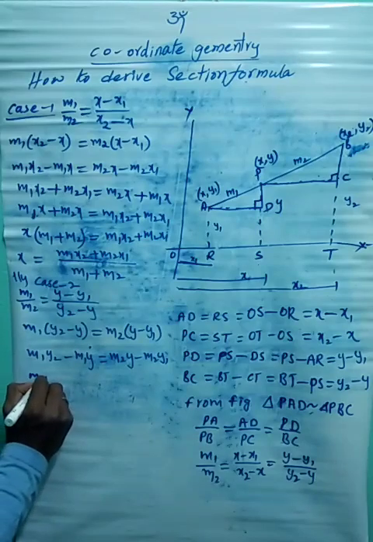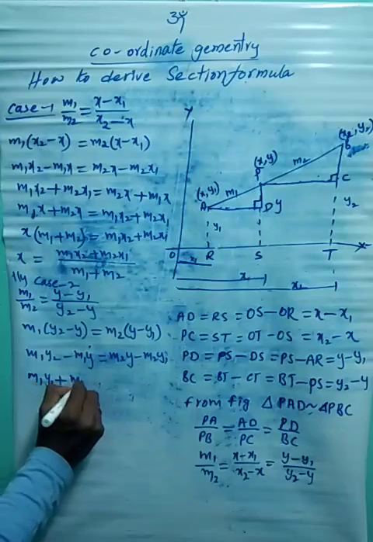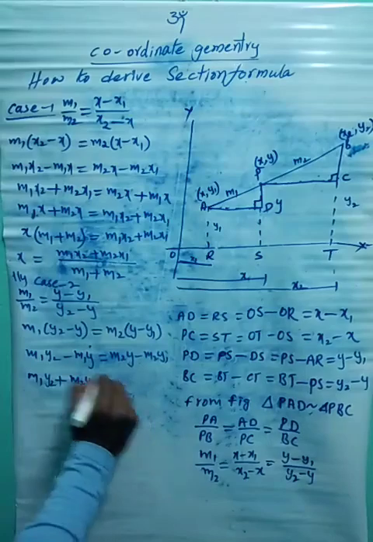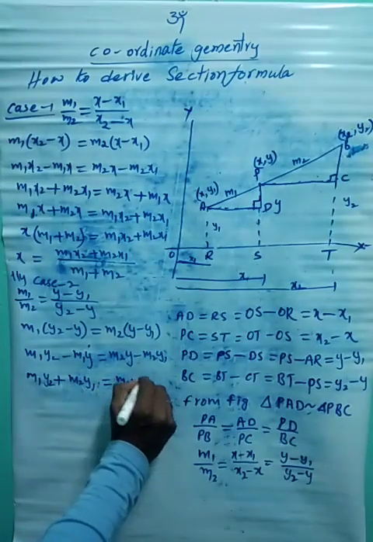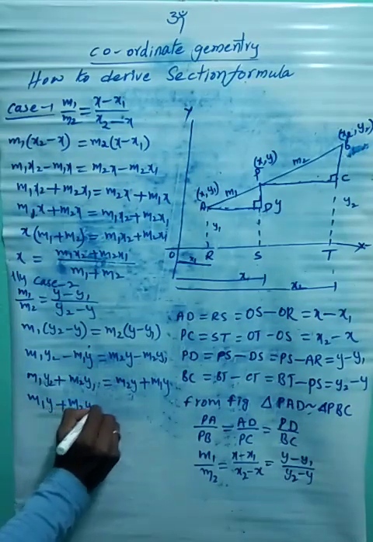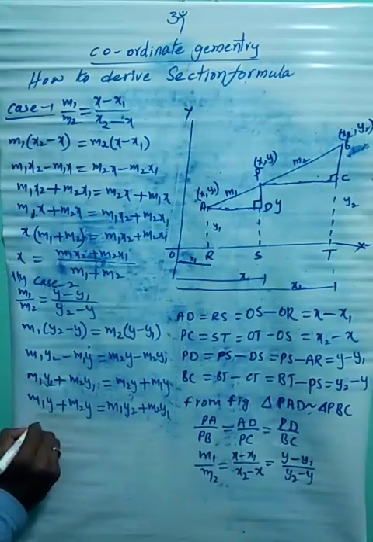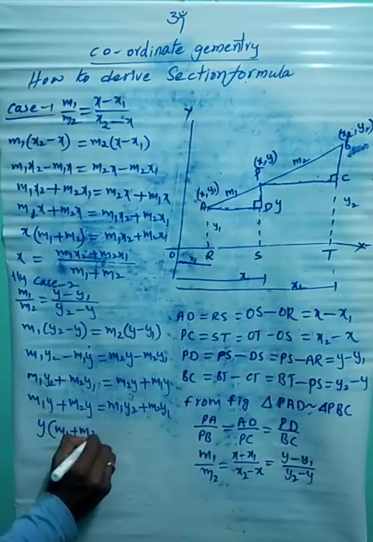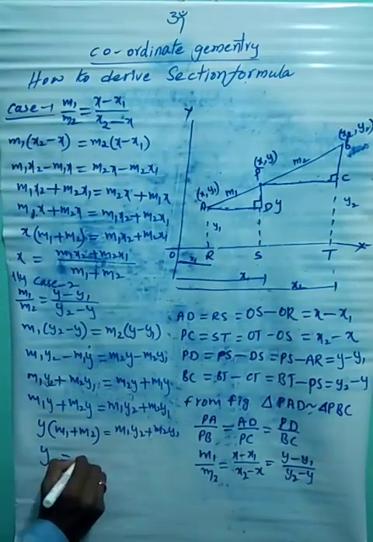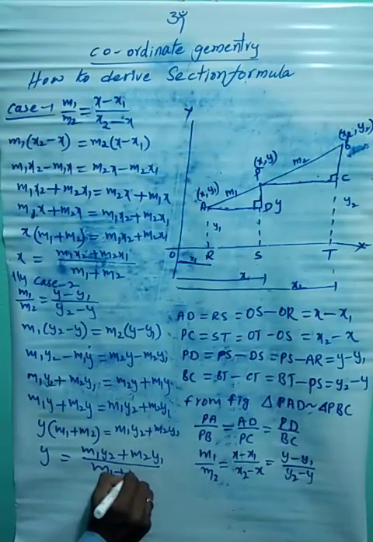Already here M1 Y2 is there, and here minus M2 Y1 comes to plus M2 Y1. That is equal to, here, already M2 Y is there and plus M1 Y. Reversing the step, M1 Y plus M2 Y is equal to M1 Y2 plus M2 Y1. So here Y is taken as common: M1 plus M2 times Y is equal to M1 Y2 plus M2 Y1. Now Y is equal to M1 Y2 plus M2 Y1 by M1 plus M2.